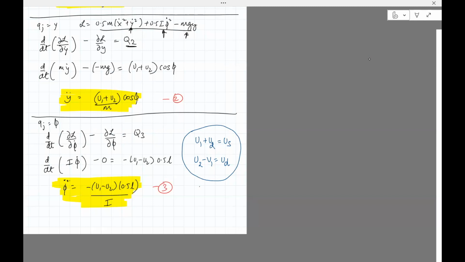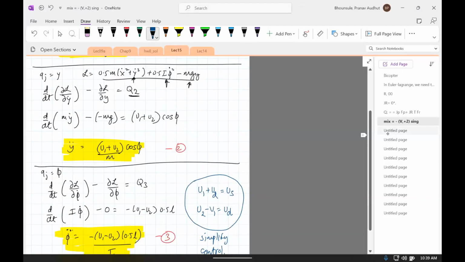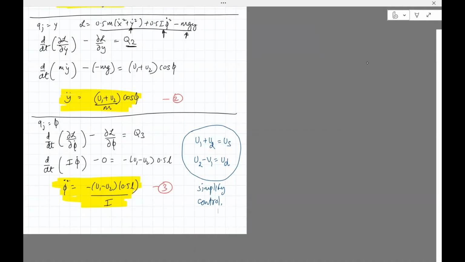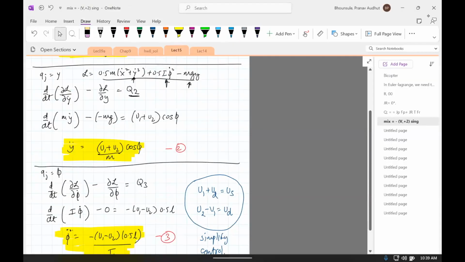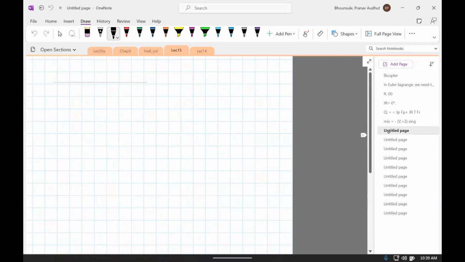This is just to simplify. Once you have u_S and u_D, you can then revert back to u1 and u2, which are actually acting on the bicopter. So I'll write down the equations and we'll take a break. So the bicopter equations are as follows.